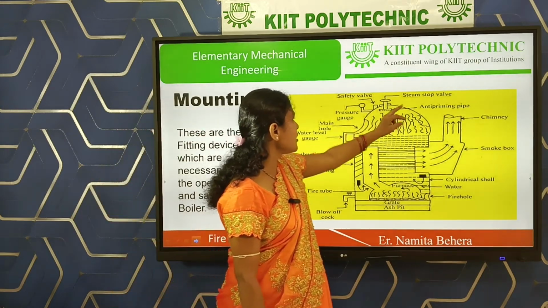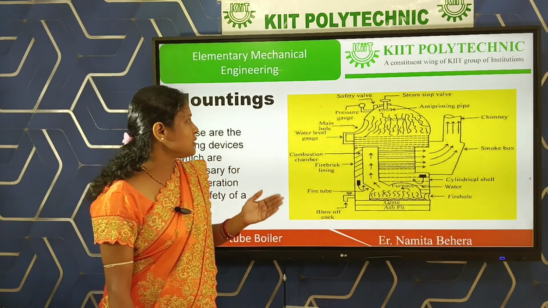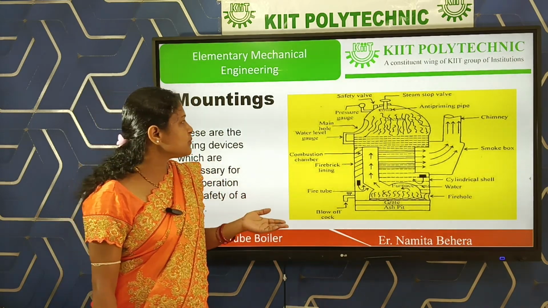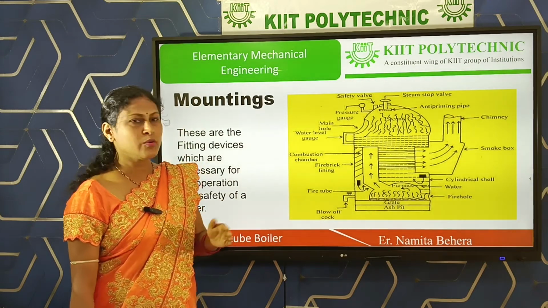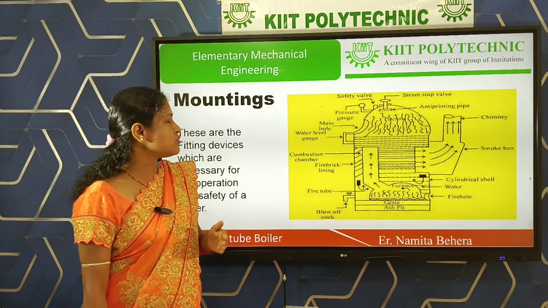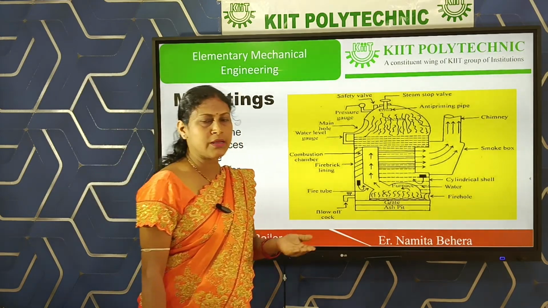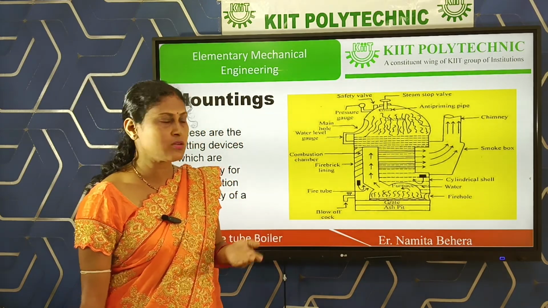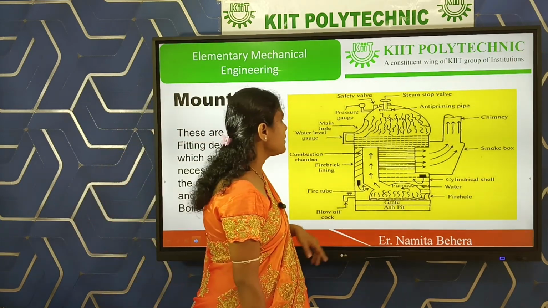Then the steam stop valve. The steam stop valve is used for supplying steam whenever it is required, for any industries or electric generator, whatever it is required. So that is the steam stop valve.